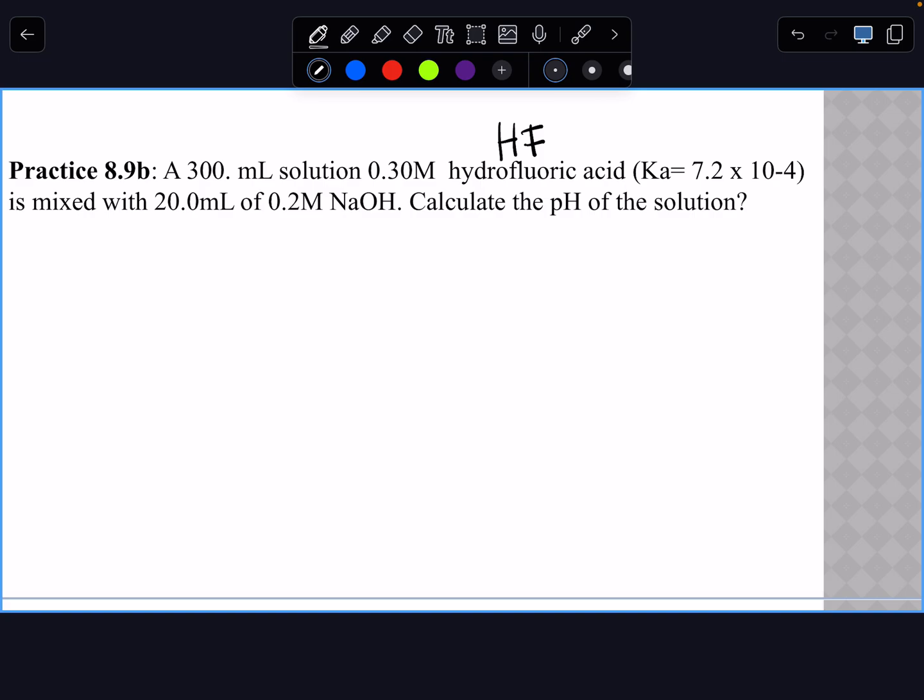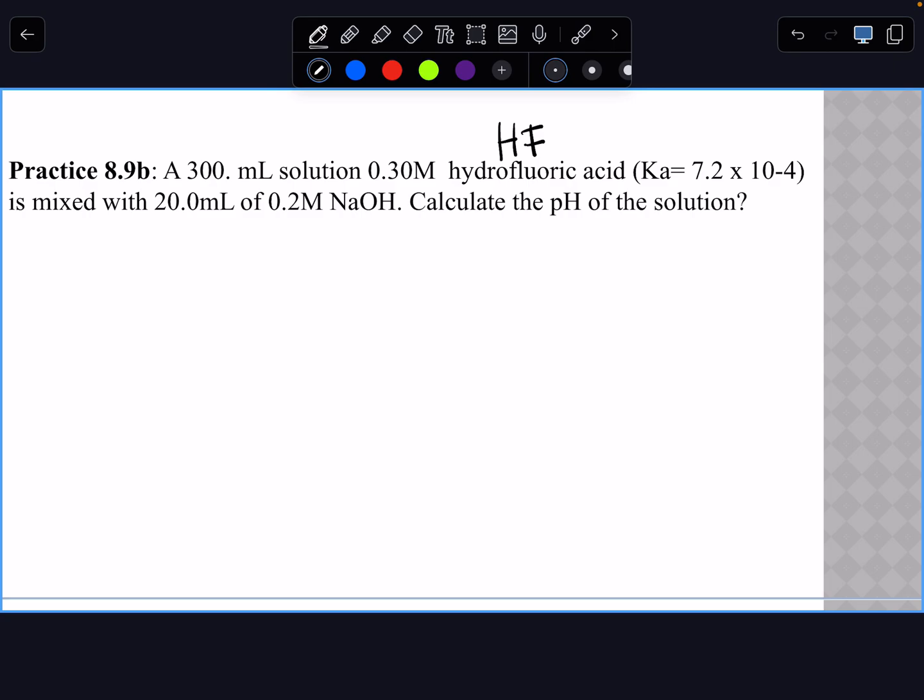What are we making? So this isn't a salt. It's not?